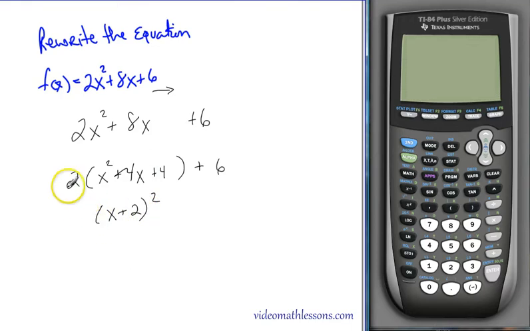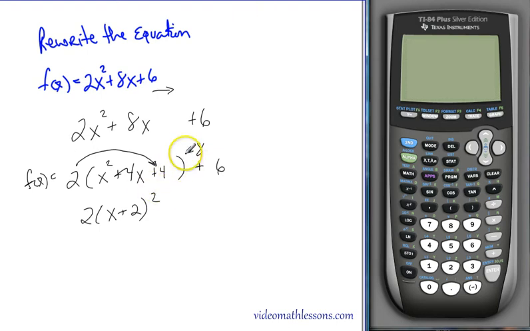Now, this 2 is out front. I'm not allowed to just add a 4 into this problem. It looks like a 4 here, but when you distribute this 2 to the 4, I really added 8. To keep this balanced, remember, this is still just f of x, I have to subtract 8 right away.